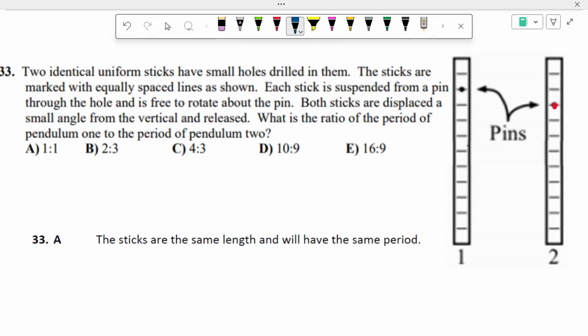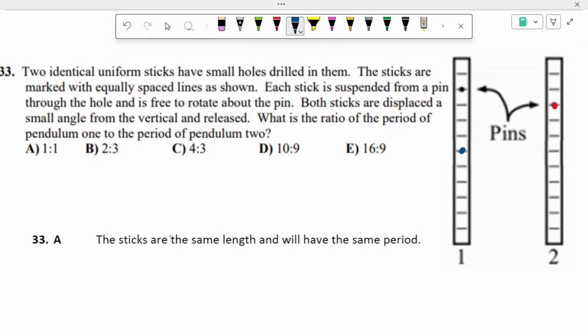If we drill the hole in the center, in the middle of the stick, what will happen if we displace it a small angle from the vertical, then release? It won't rotate. If we put in a little nudge, it will rotate nonstop, and the period would be infinitely long. So it could not be identical for all scenarios.